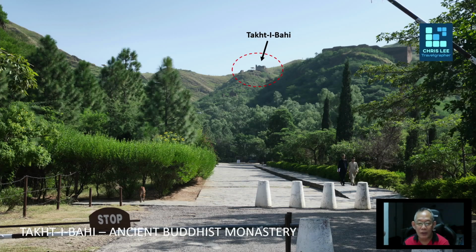The monastery was founded in the 1st century and was in use until the 7th century, and the complex is regarded by archaeologists as particularly representative of the architecture of a Buddhist monastic center from its era, I mean, from the 1st to 7th century. This site, Takht-I-Bahi, was listed as a UNESCO World Heritage Site in the year 1980.